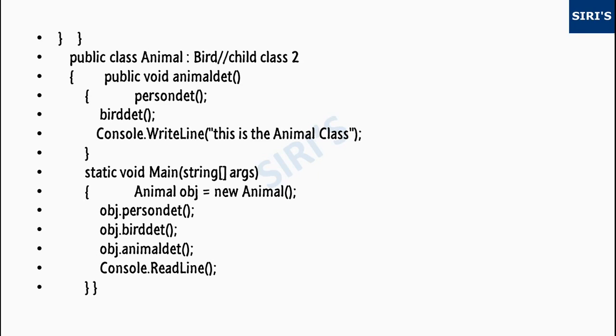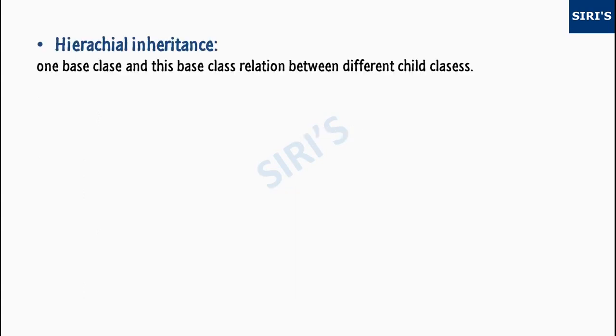Previously, we declared one inheritance and now we are declaring another inheritance, animal and bird. When we create an object and we call the person class, bird class, and animal class with Console.ReadLine, it will display the output as: this is a person, this is a bird, this is an animal, as we discussed before.